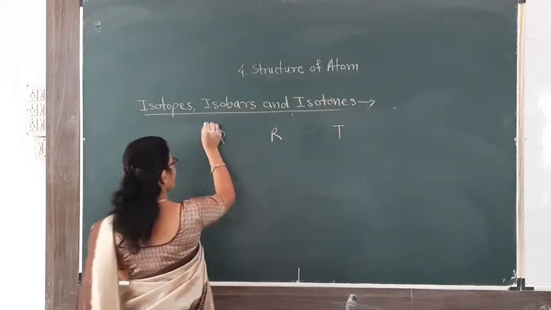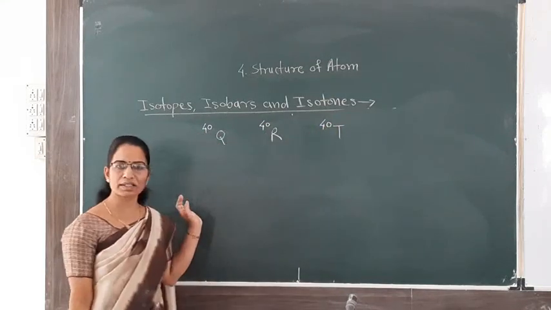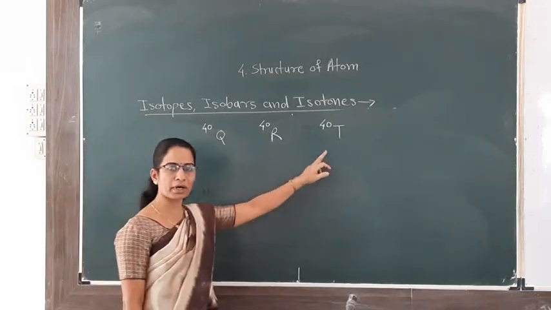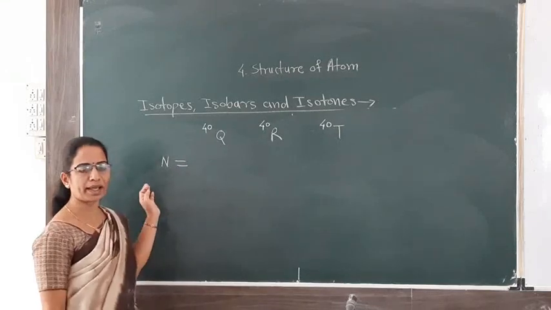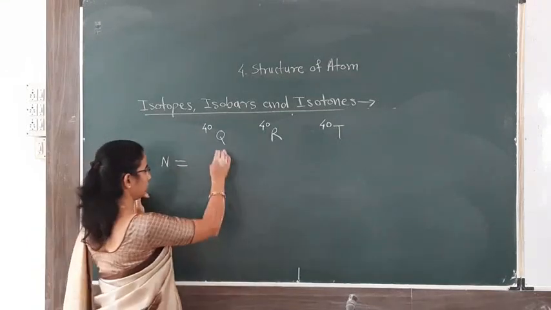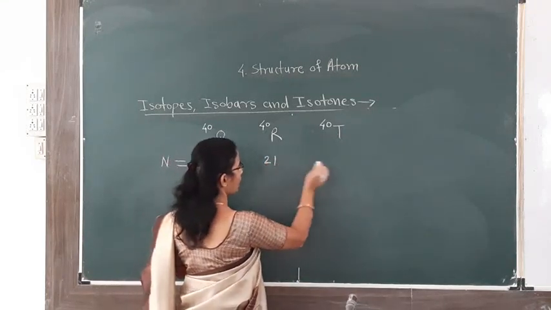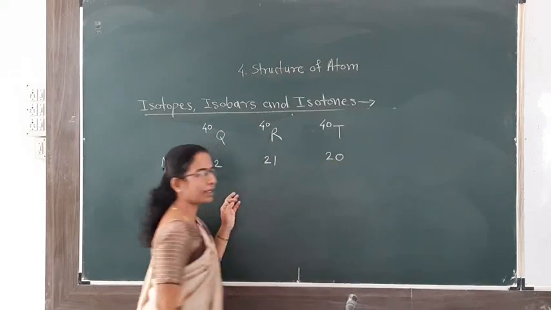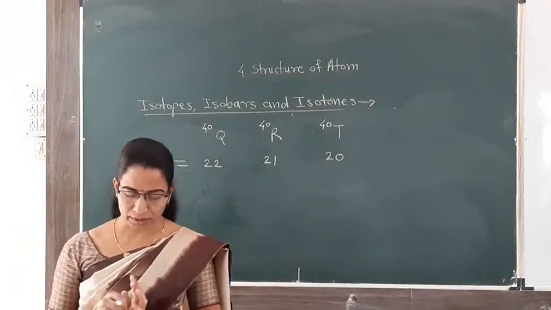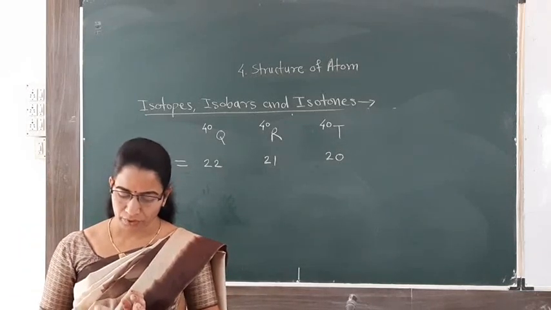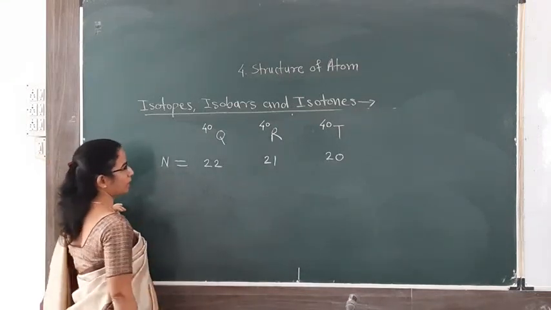Their mass number 40 is given, their atomic number is not given, but the number of neutrons present in them are given. Here in the numerical it is said that Q possesses 22 neutrons, R possesses 21 neutrons and T possesses 20 neutrons. From this data, we have to represent their atomic composition with appropriate symbol.